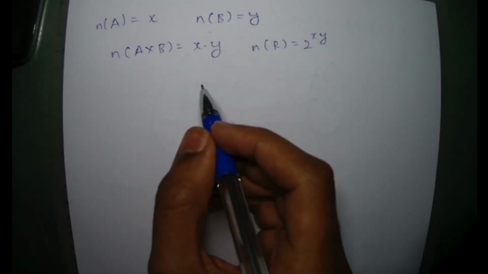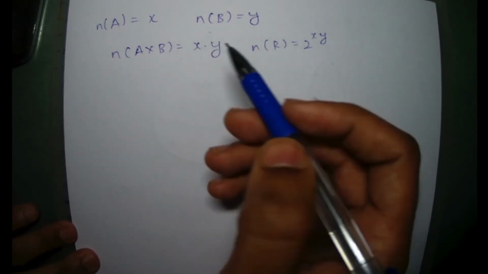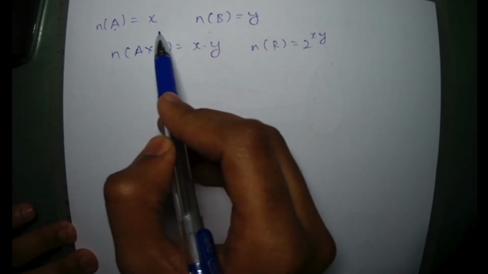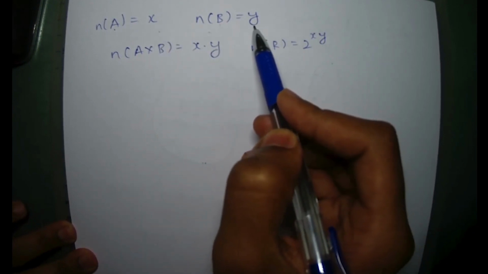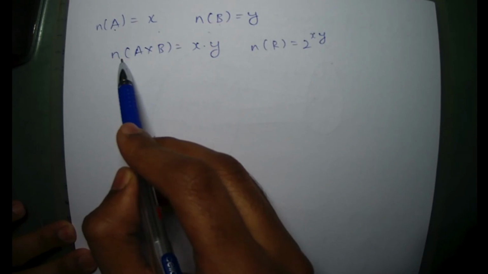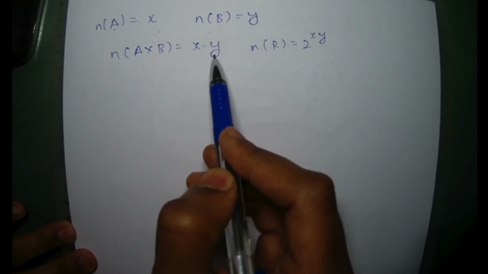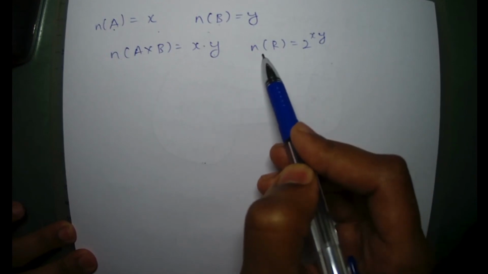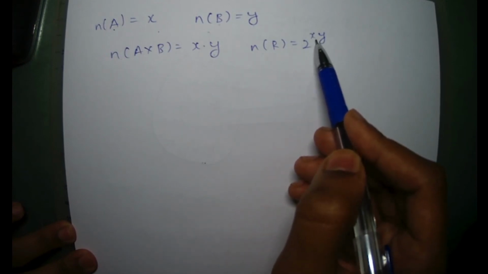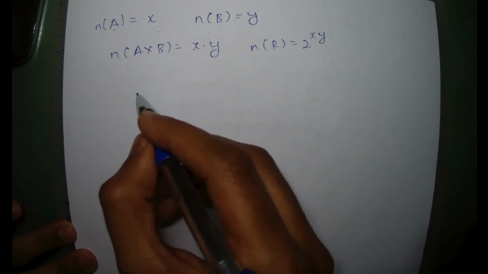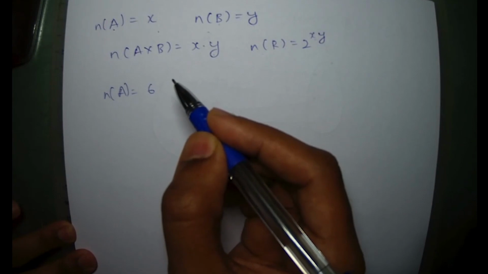So next we will understand how to calculate the number of relations for a given set. So if you have first set A with x number of elements, and a second set B with y number of elements, we already know that the number of elements in A cross B, or the product of A and B, is x into y. So the number of relations, that is n(R), is 2 to the power x into y. So for the previous example, A had 6 terms in it, that is n(A) was equal to 6.